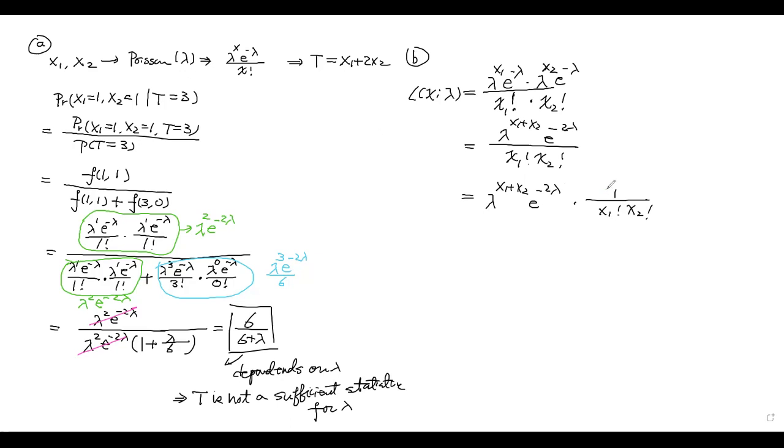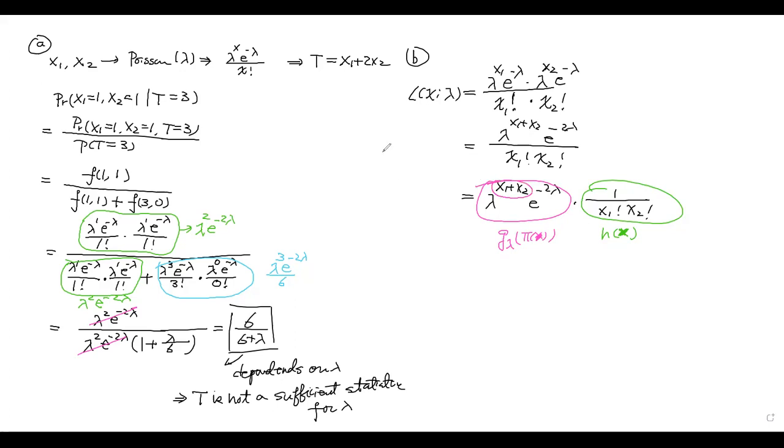I can call this part just a function of my x, with x in bold meaning x1 and x2. And this other part is a function g of lambda with some function of x.